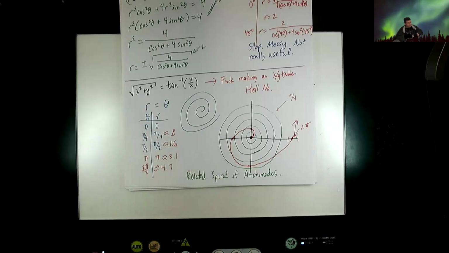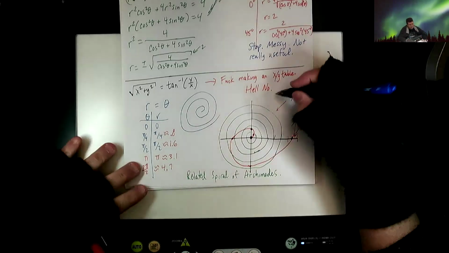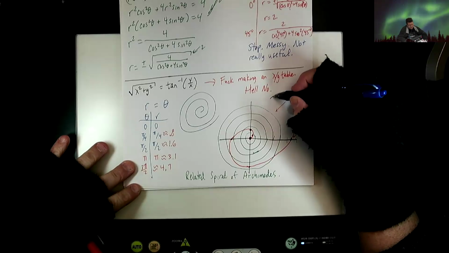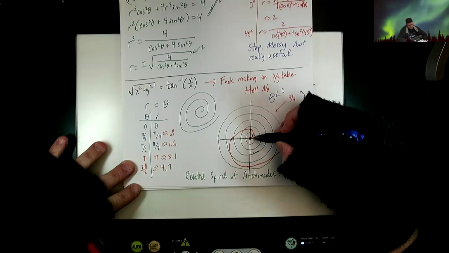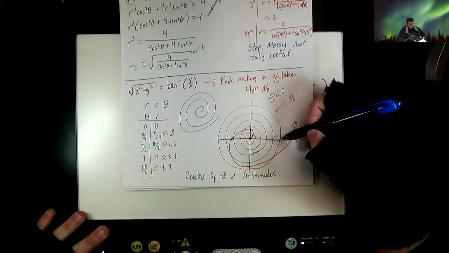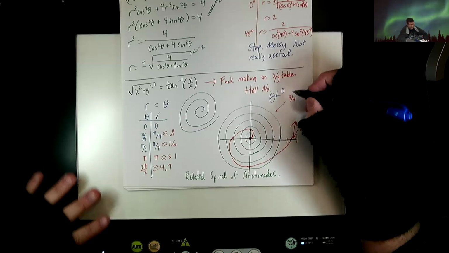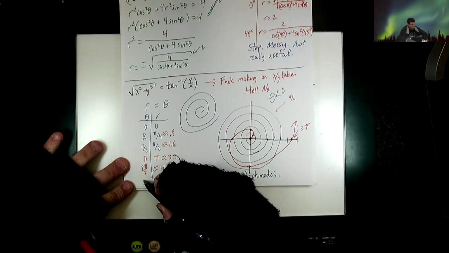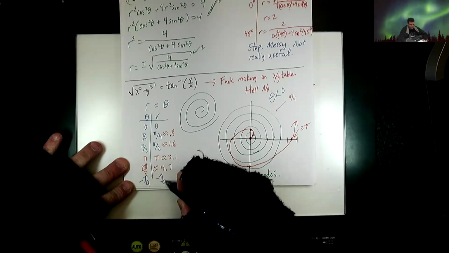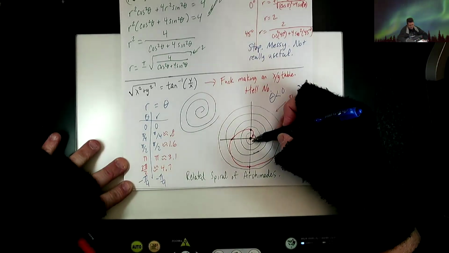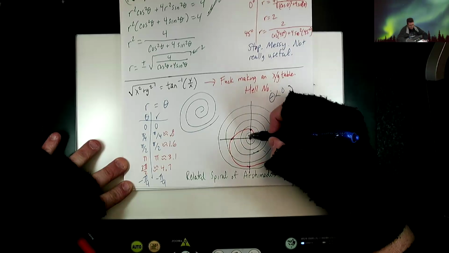We could plug in negative angles, right? And it's going to make it rotate the other way. If theta is less than 0, I start going the opposite direction. Like theta is negative pi over 4, I get negative pi over 4. So I'm going along this axis, but going that way.